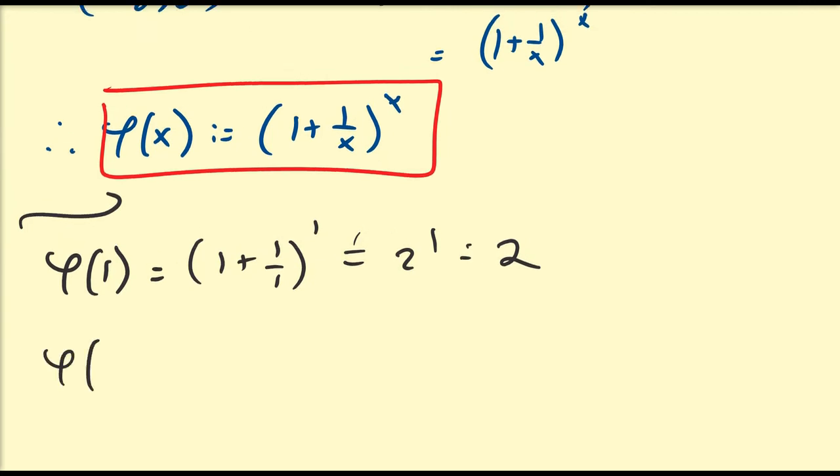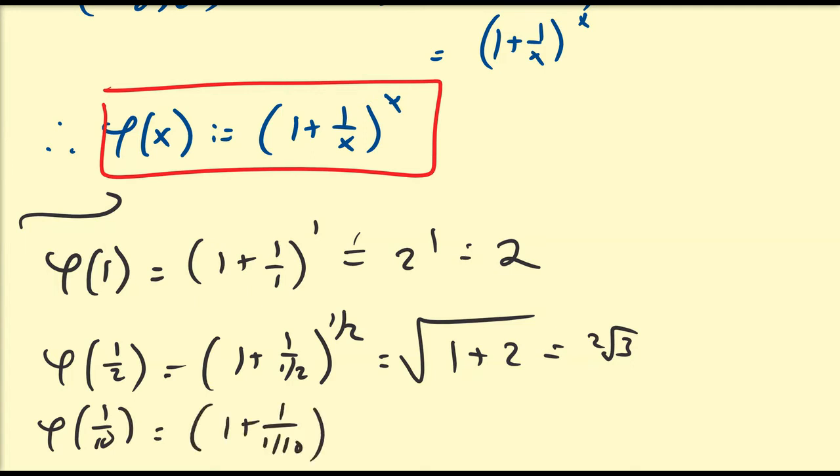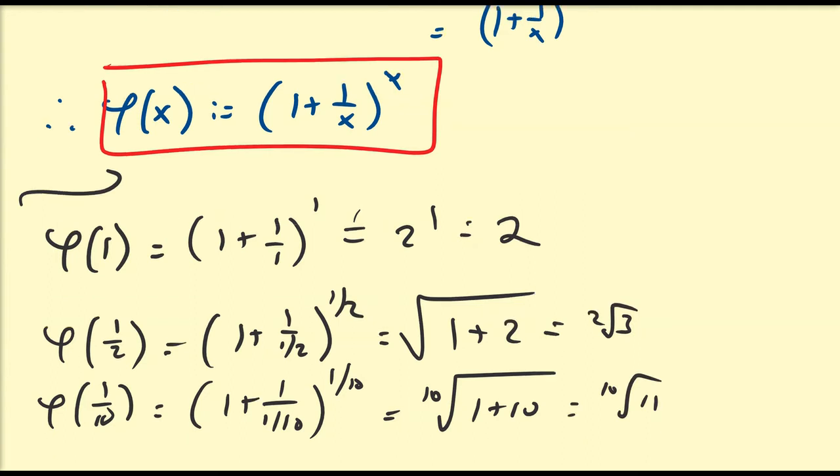Let's plug in some fractions, such as 1/2. So this is going to be equal to 1 plus 1 over 1/2 to the power of 1/2, which is the same as the square root of 1 plus 2, which is the same as the square root of 3. So I can plug in, say, 1/10. That's going to be equal to 1 plus 1 over 1/10 to the power of 1/10, which is going to be equal to the 10th root of 1 plus 10, which is the 10th root of 11.